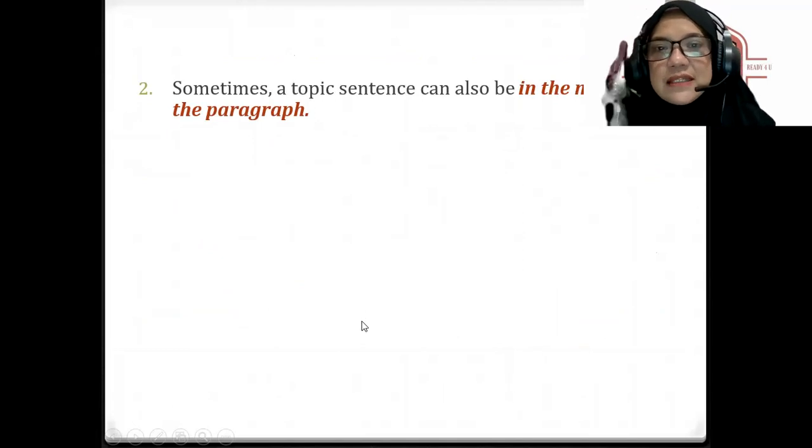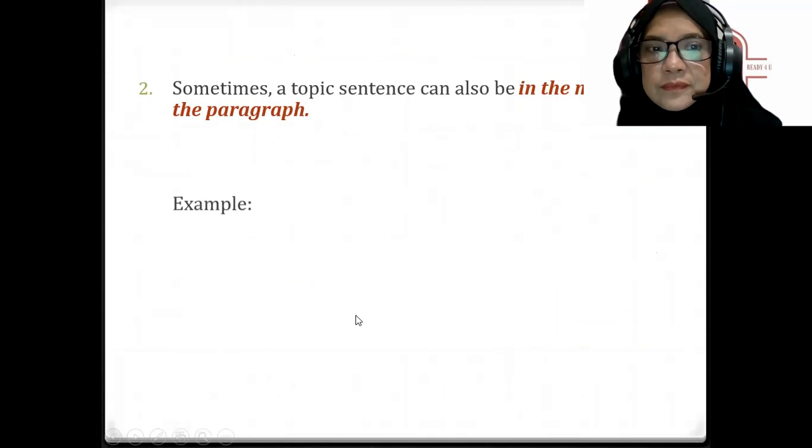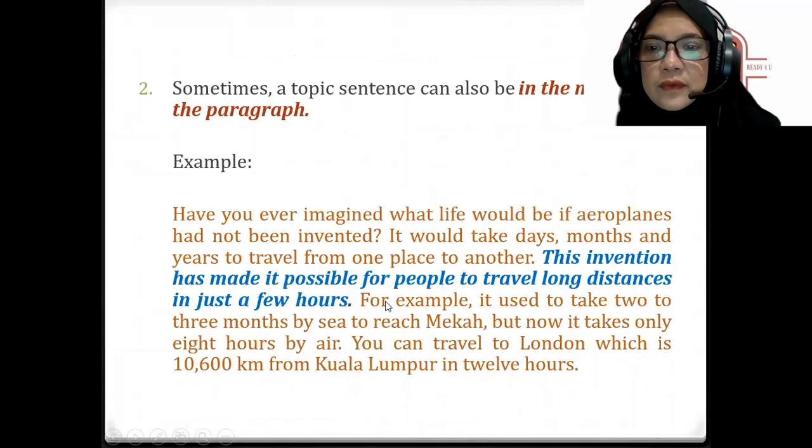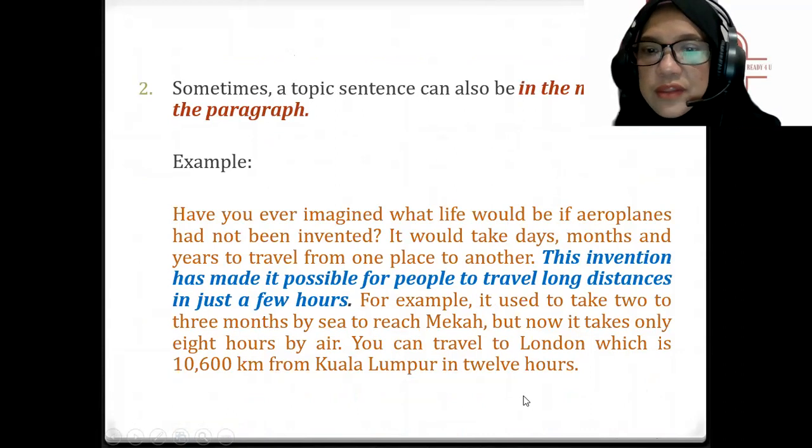Sometimes a topic sentence can also be in the middle of the paragraph. For example, okay, have you ever imagined what life would be if aeroplanes had not been invented? It would take days, months, and years to travel from one place to another. This invention has made it possible for people to travel long distances in just a few hours.